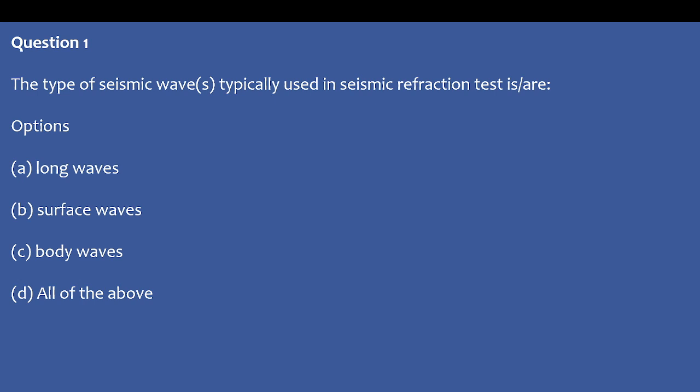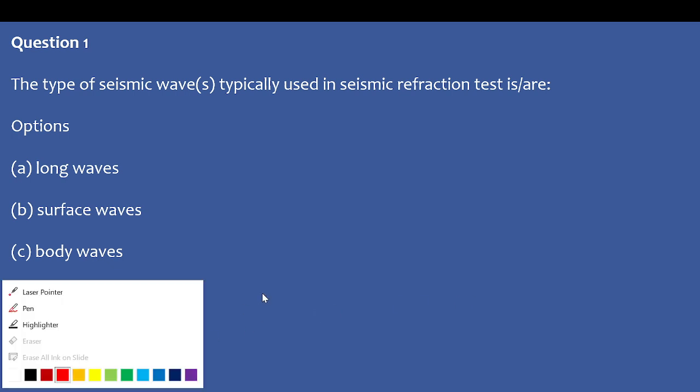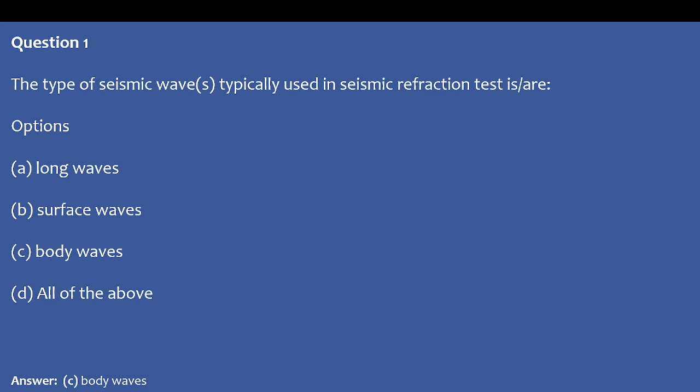So let's check the answer. The correct answer is C, body waves. Let's see how it works.